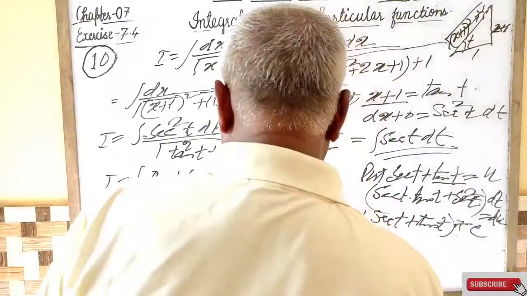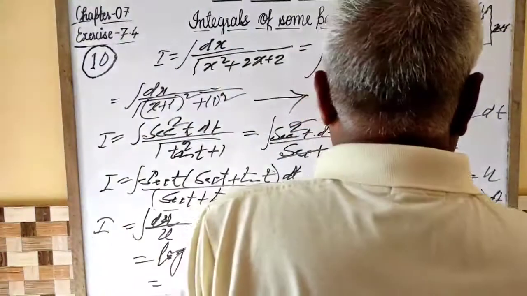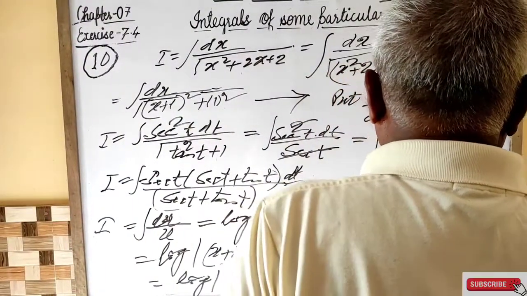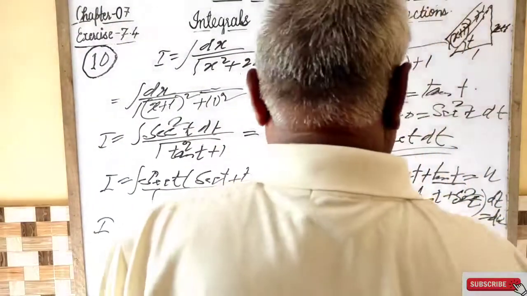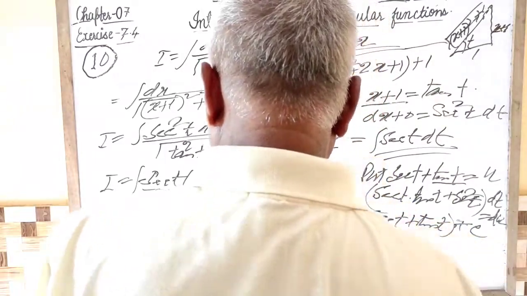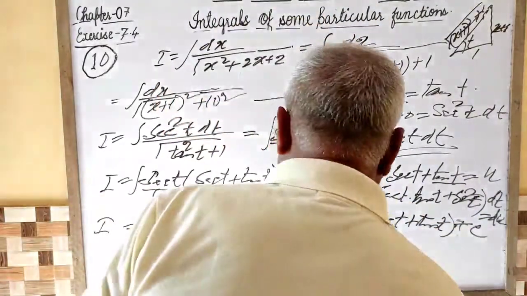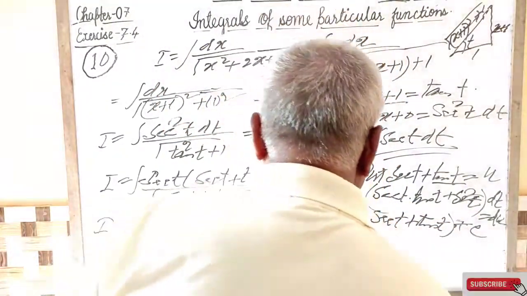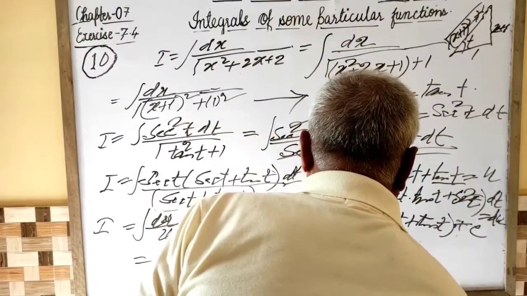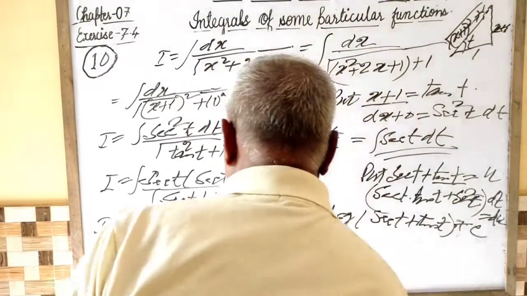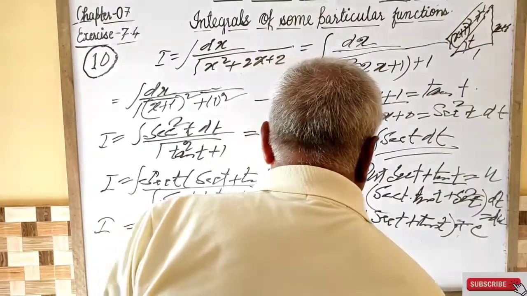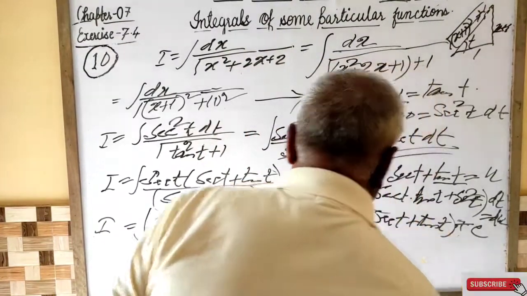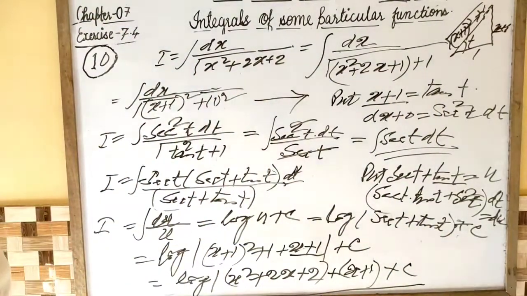This will be sec t plus tan t. So log of sec t plus tan t, where sec t plus tan t means under root x square plus 2x plus 2 plus x plus 1, plus constant c. This will be the requisite answer of the integral.